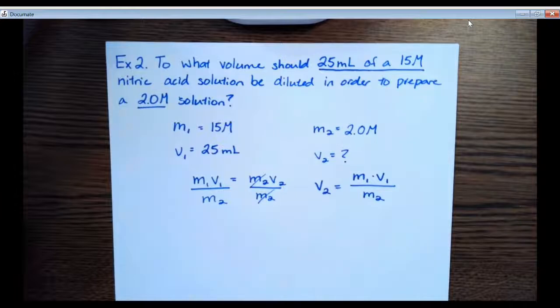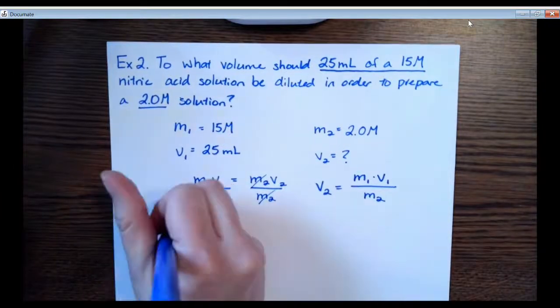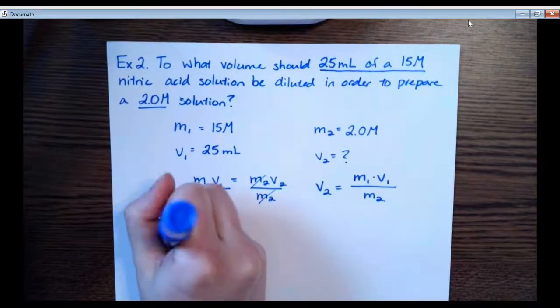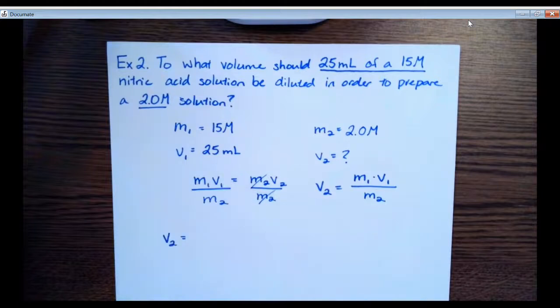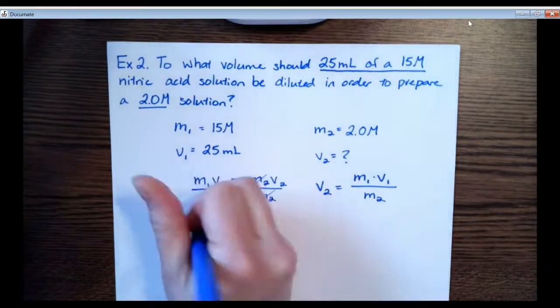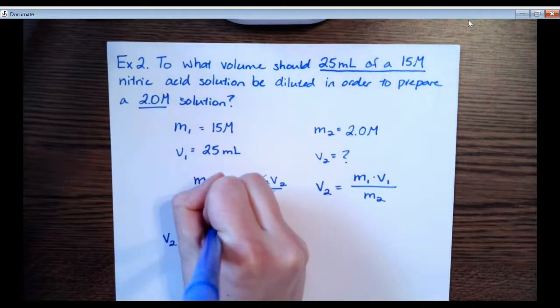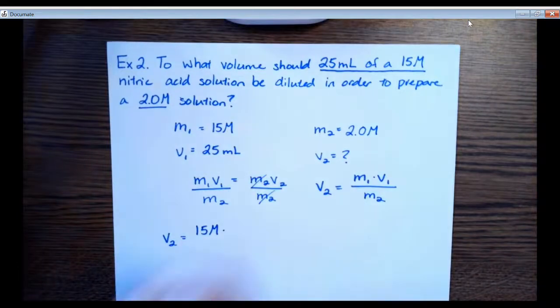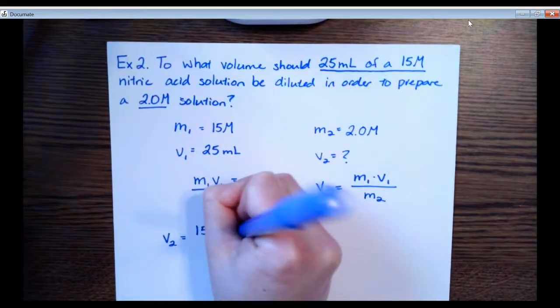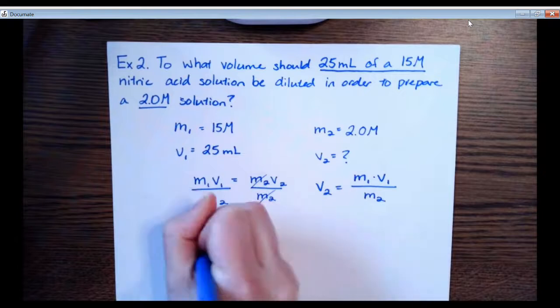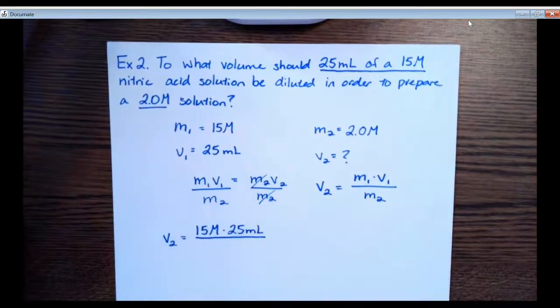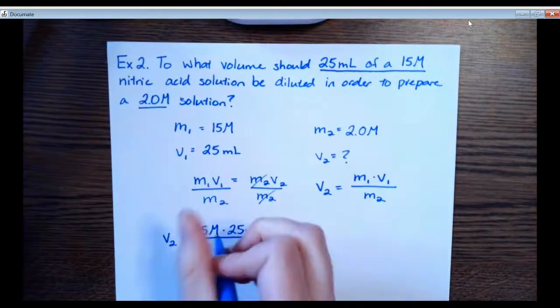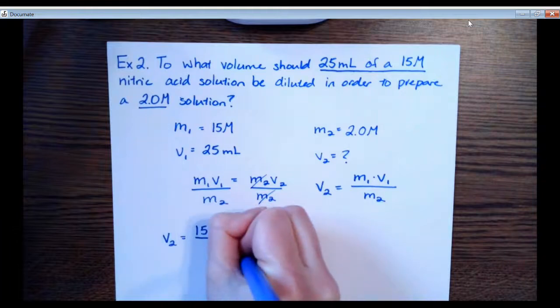So from here, I just need to plug in my values. V2 is equal to my initial molarity, 15 molar, times my initial volume, which is 25 milliliters. And then I need to divide by my final molarity, which is 2.0 molar.